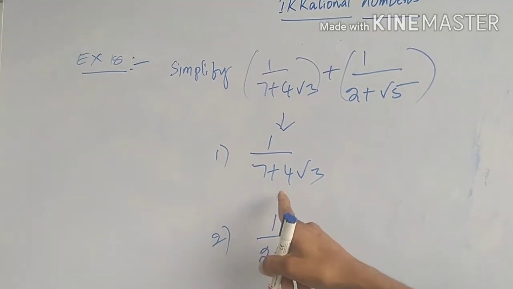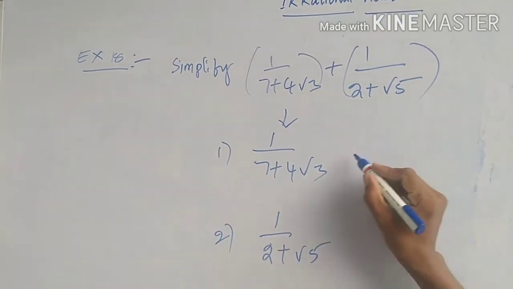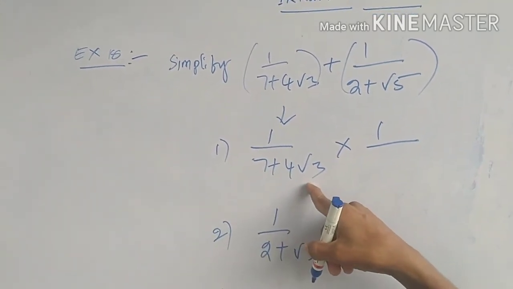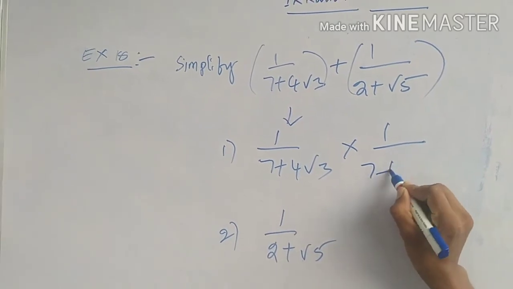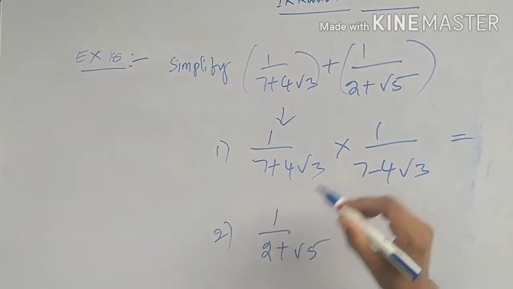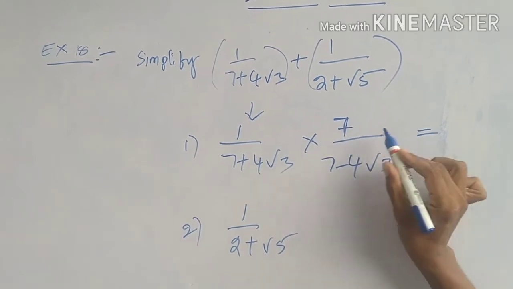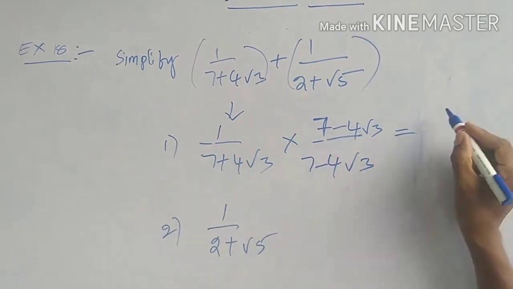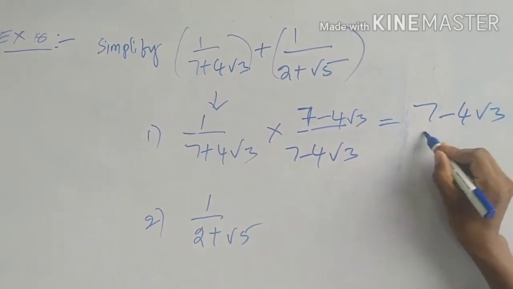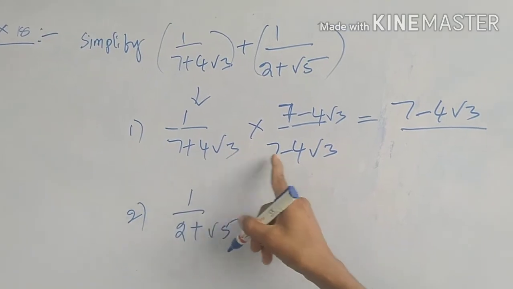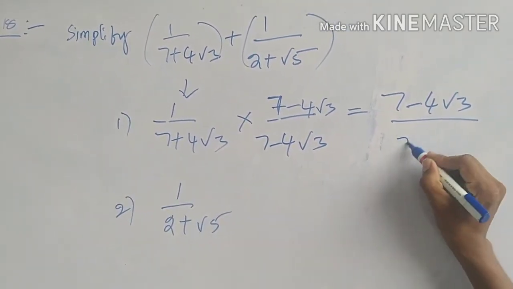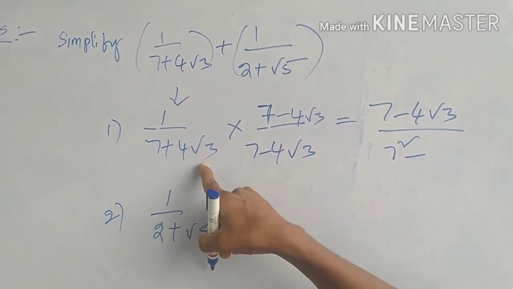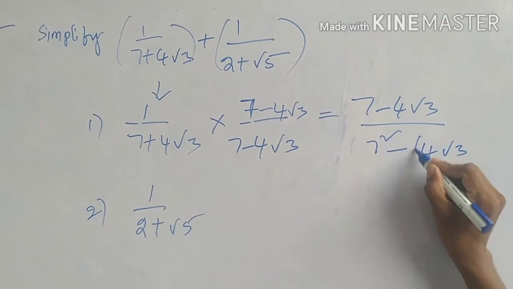In our first term, the rationalizing factor of 1 by 7 plus 4 root 3 is 7 minus 4 root 3. So the numerator is also 7 minus 4 root 3. Denominator is a plus b into a minus b, which is a square minus b square: 7 square minus b, where b is 4 root 3, whole square.